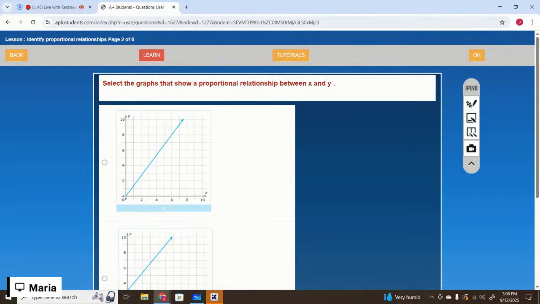Select the graph that shows a proportional relationship between x and y.